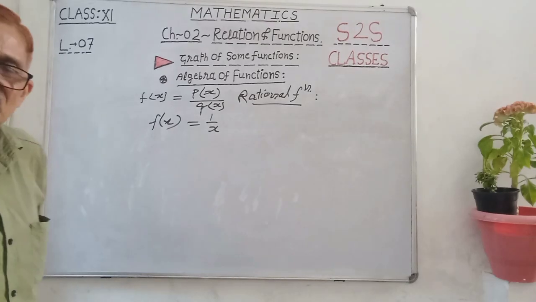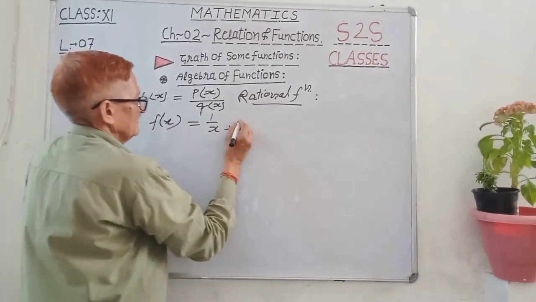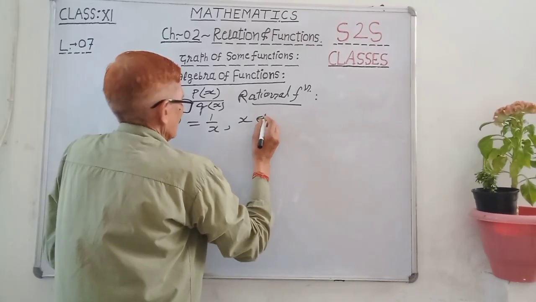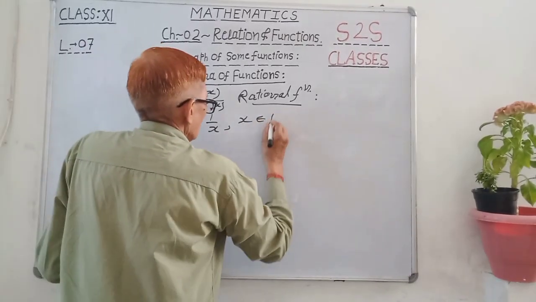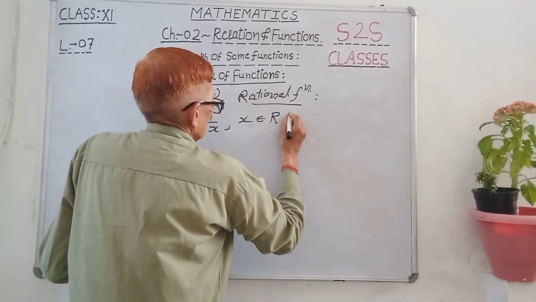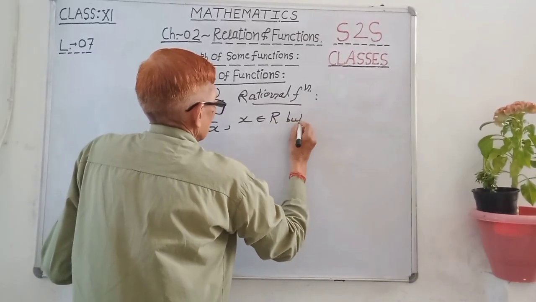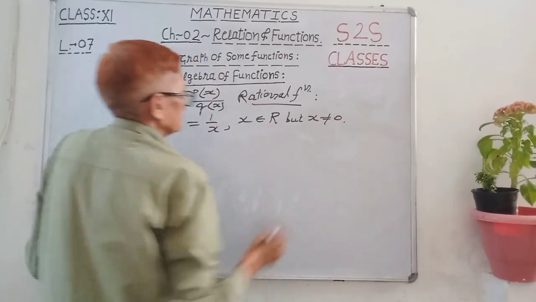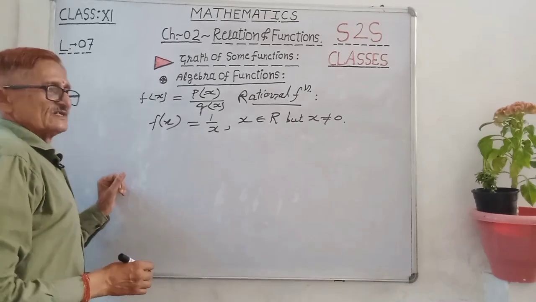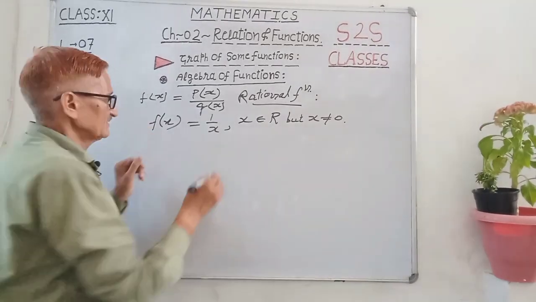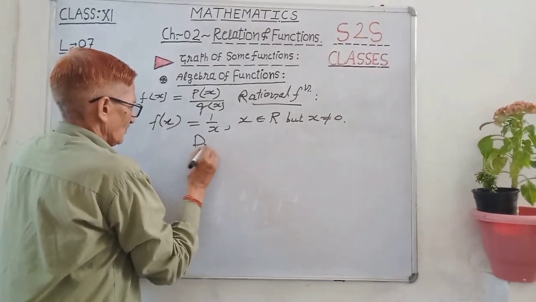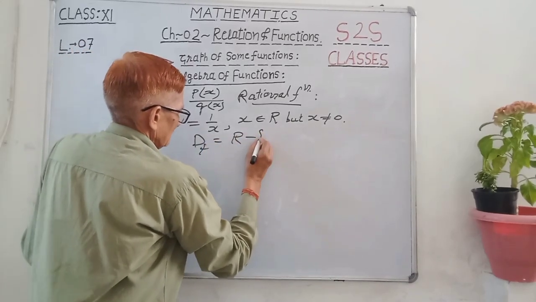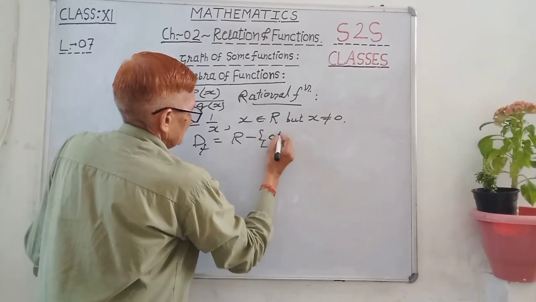This is the standard rational function taken. x belongs to real numbers, but x should not be equal to 0; except 0, all other real numbers. Clear? It means the domain of this function is the real numbers minus one element, 0.